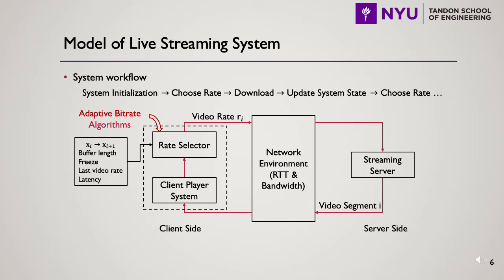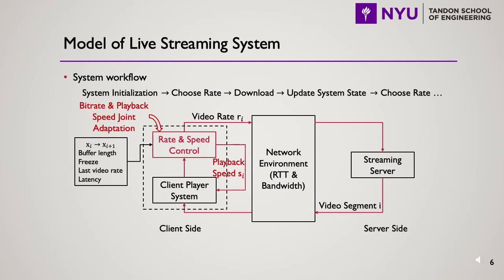And normally, the adaptive bitrate algorithms work behind the video rate selector. Differently, what we propose in this work is to not only control the video bitrate, but also adjust the video playback speed for the player. The motivation of doing so is to achieve better latency and buffer control.